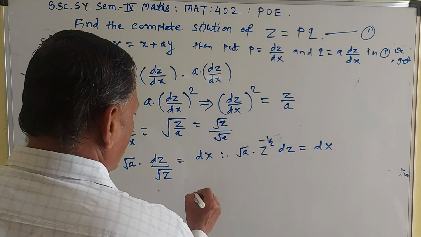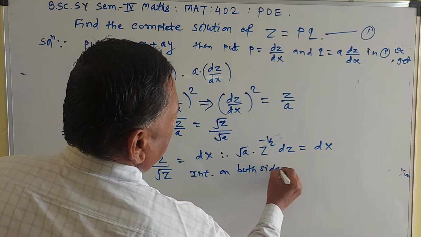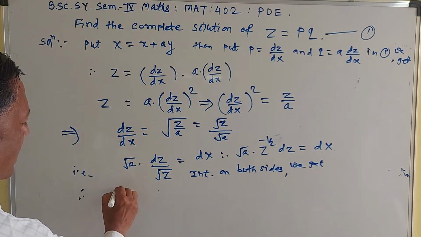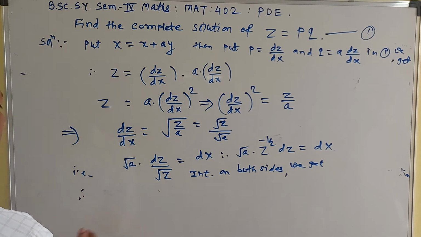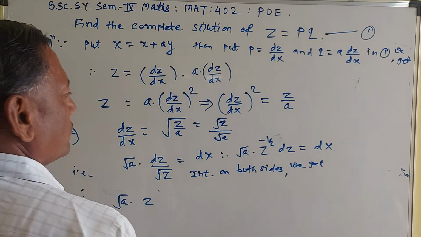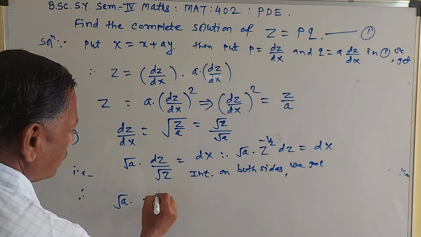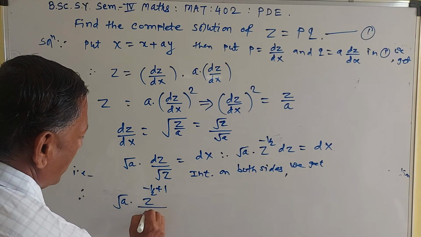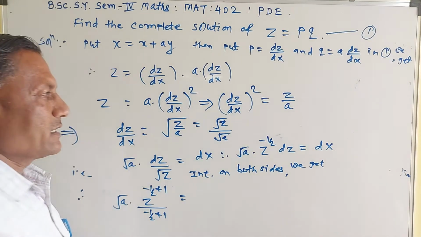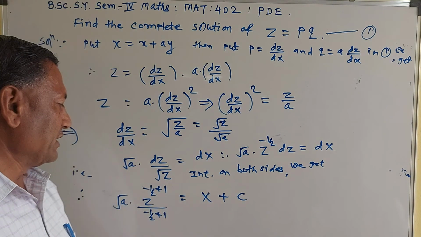Therefore, integrating on both sides we get, root a is constant, so you can write root a as it is, into z raised to minus 1 by 2 plus 1 upon minus 1 by 2 plus 1 is equal to integration of 1 dX, which means capital X plus some constant of integration.